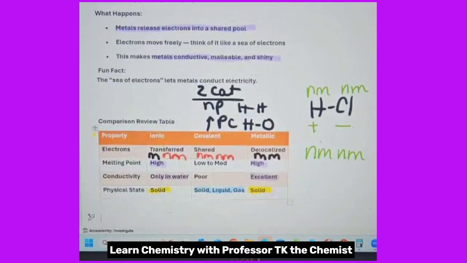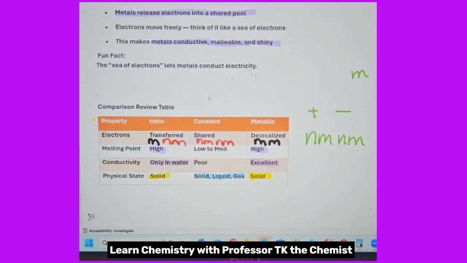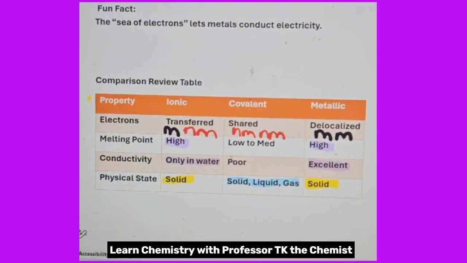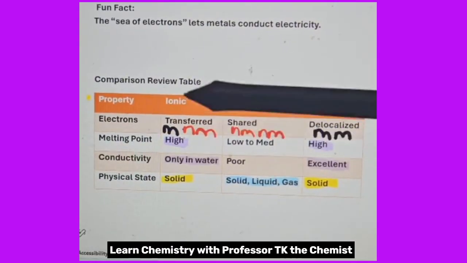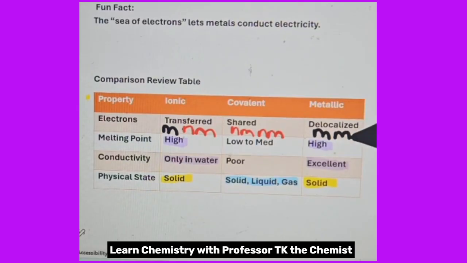So to recap that whole process, as an example, just remember this part right here, okay? Let me zoom in so you can see that right there. Ionic, metal, nonmetal. Covalent, nonmetal, nonmetal. Metallic, metal, metal.